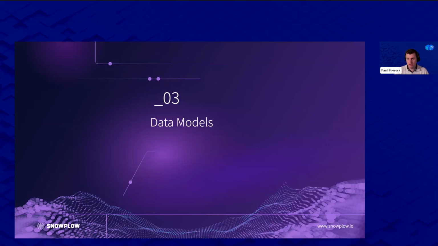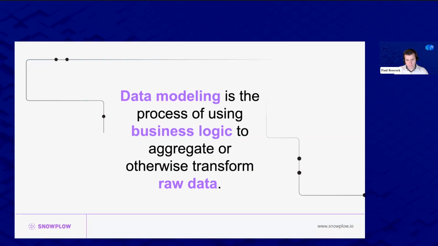So one company tracking billions of events a day into their warehouse. What do they then do with that data, and how do they make it useful? Because that individual event level data is sometimes useful, but often not the most helpful when you're trying to do your analytics in the warehouse.